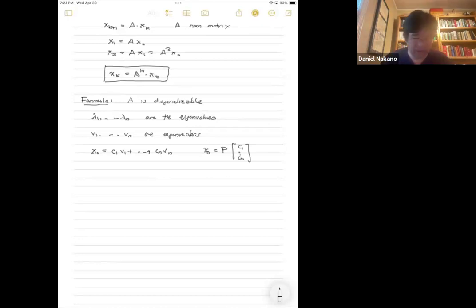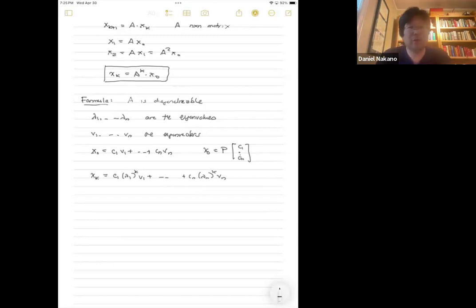If I want to find x to the k, this is C1 lambda 1 to the k times V1 plus up to Cn lambda n to the k times Vn.